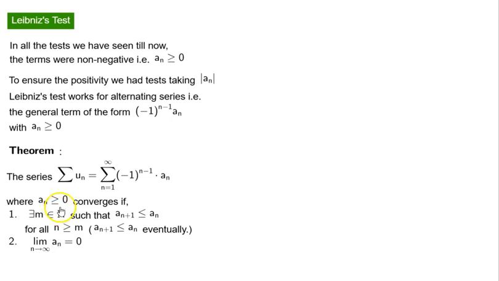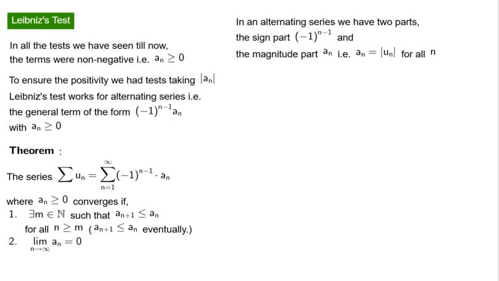What the test says is the series minus 1 to the power of n minus 1 times a sub n, where a sub n is greater than or equal to 0, converges if there exists m in N such that a sub n plus 1 is less than or equal to a sub n for all n greater than or equal to m. Basically, what all this means is that a sub n plus 1 is less than or equal to a sub n eventually, and the limit as n goes to infinity of a sub n is equal to 0. That is what Leibniz's test says.